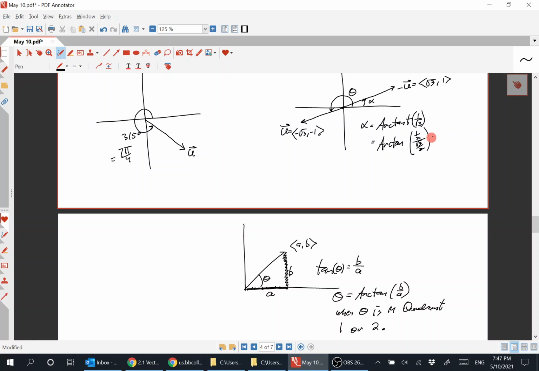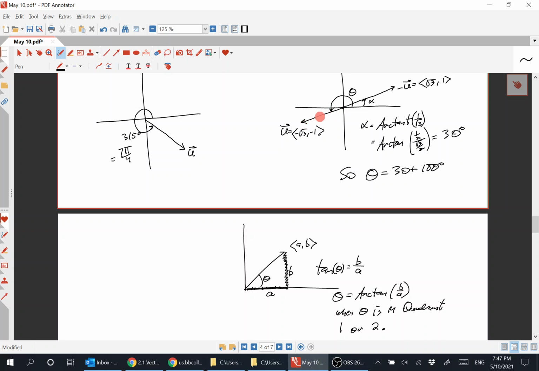Sine over cosine. So this arctangent here is 30 degrees, right? So theta is what? 30 plus 180. Right? This trick with arctangent, it only works in quadrants 1 and 2.